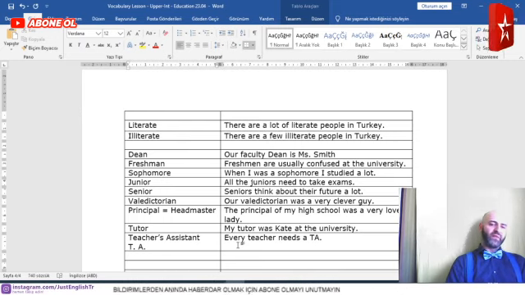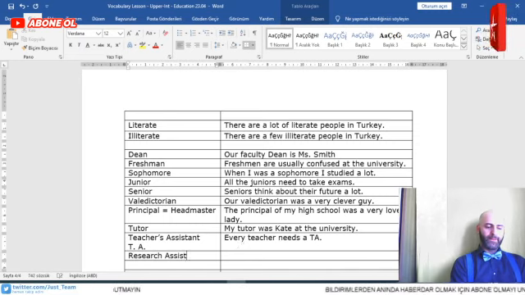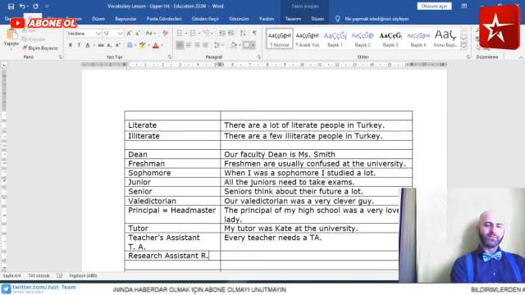Another thing very similar to this one is research assistant. This one short form is RA.